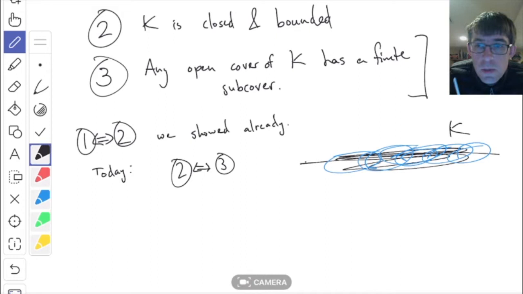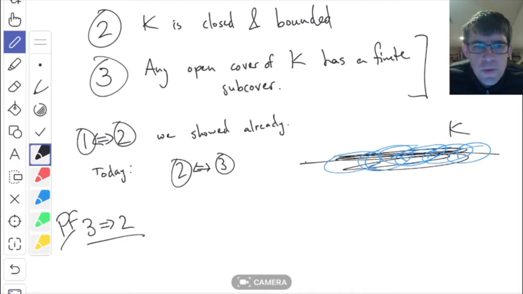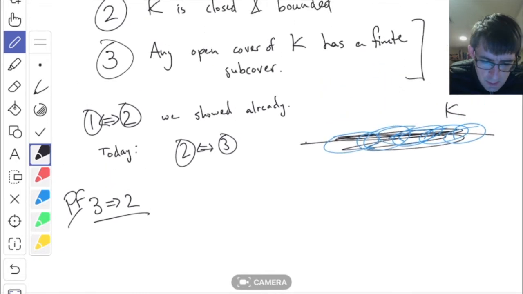I want to do each direction of the argument. So first, let's talk about 3 implies 2. All right. So I'll say the proof. We're going to do this one in some amount of detail. We're also going to do 2 implies 3, but only in less detail. So 3 implies 2.